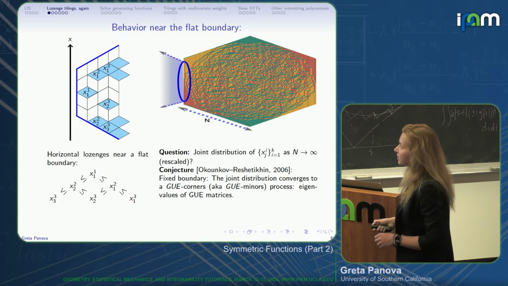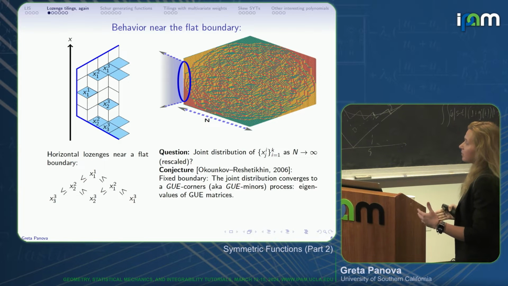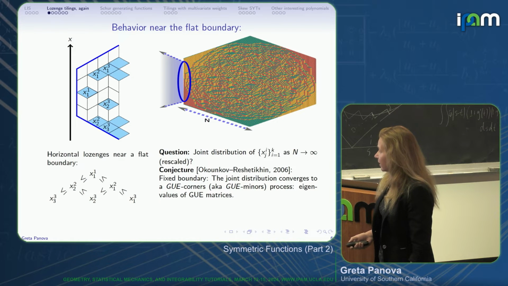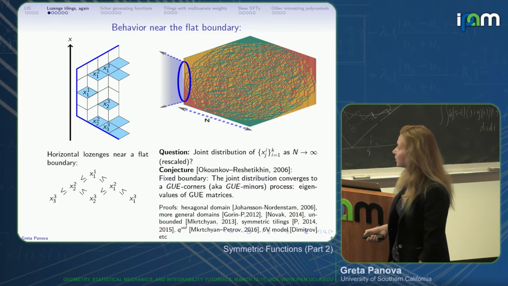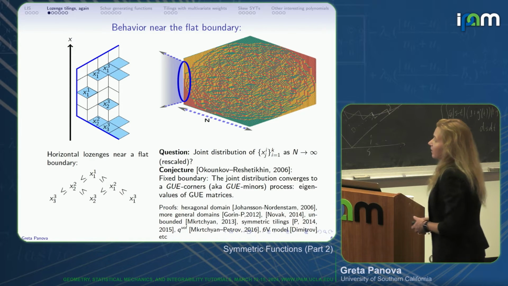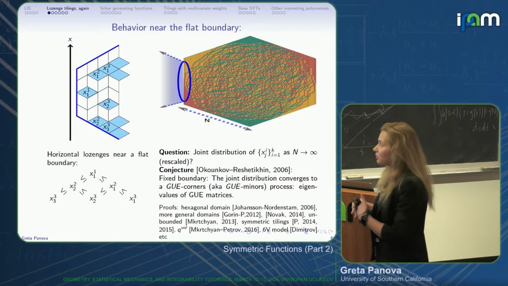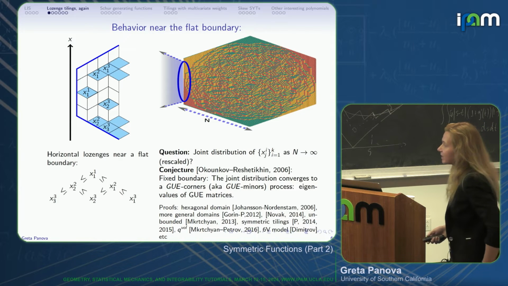With the appropriate rescaling, these behave like the eigenvalues of principal submatrices from this ensemble. This was done a long time ago for the hexagon by Johansson and Nordenstam, and then we did some more general domains in various different ways. There are connections to the six vertex model and so on and so forth. So a lot of people in this audience have worked on these types of problems.